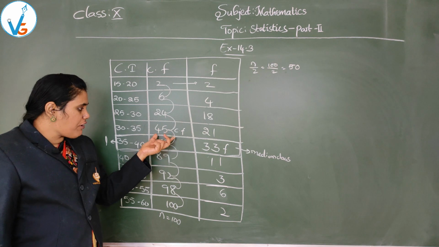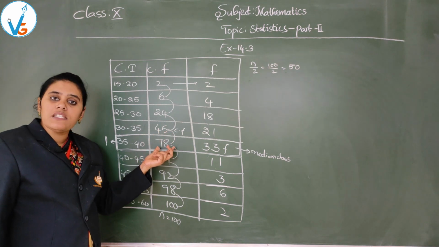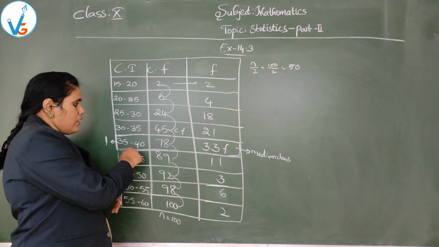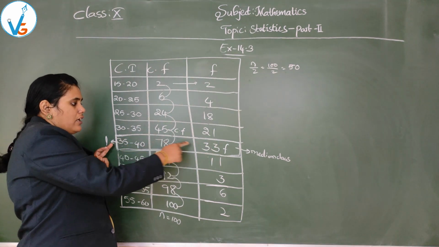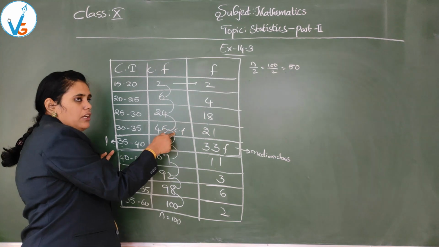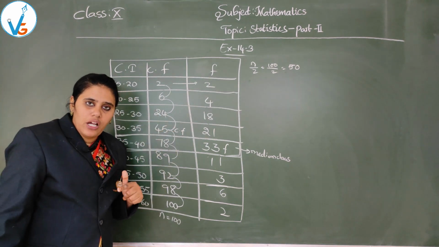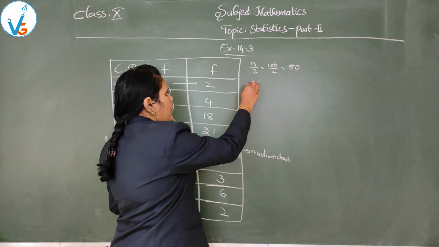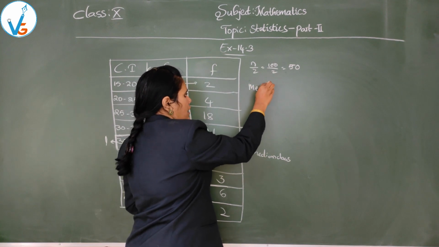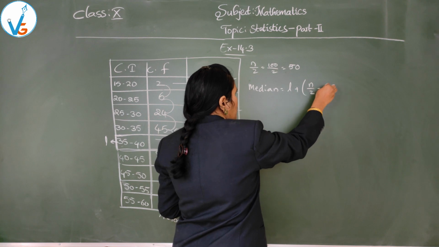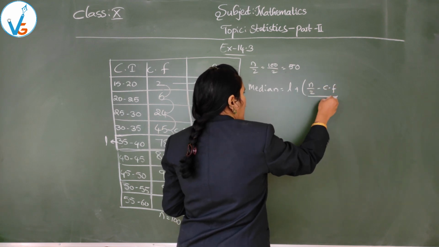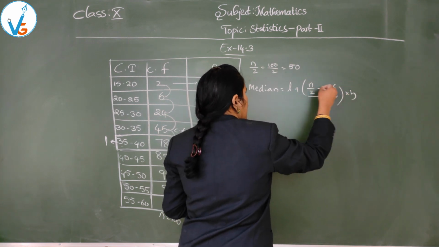It has crossed 45, means it will come in this group. So, it is the median class. Here it is the lower boundary and here it is the f and the preceding cumulative frequency. Understood how to take it? Now, we will go into the problem and solve it. Median, which is equals to L plus n by 2 minus Cf by f into h.